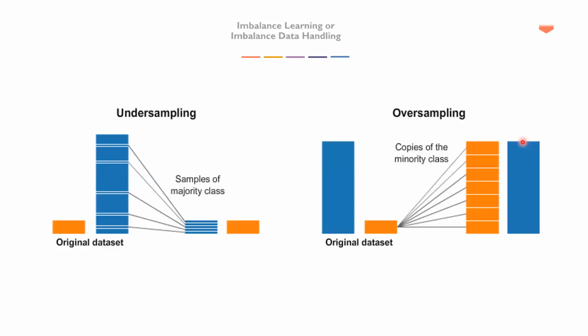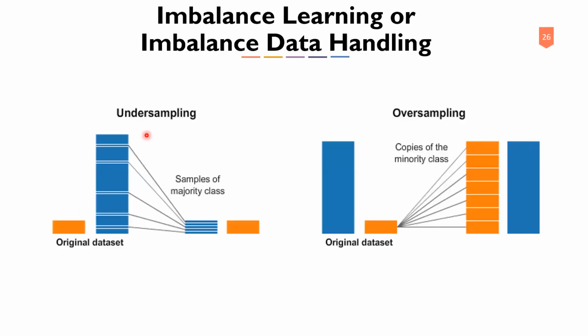For example, if we have a data set like this, this class belongs to the minority class instances, and here it is the majority class. Maybe it's a 0 and this belongs to 1, or vice versa, yes or no, positive or negative.